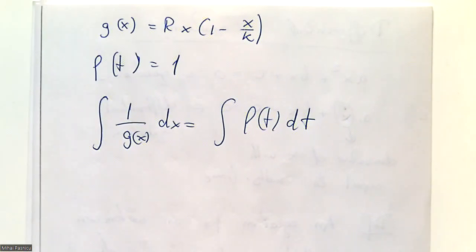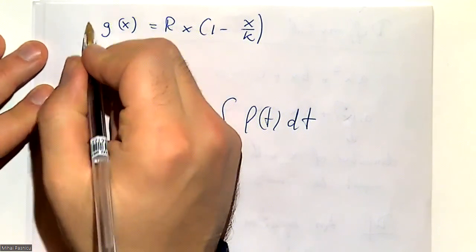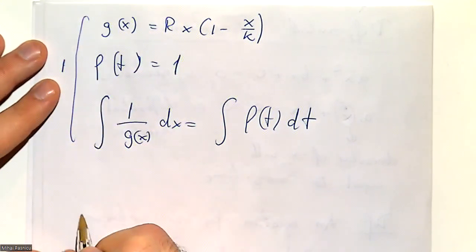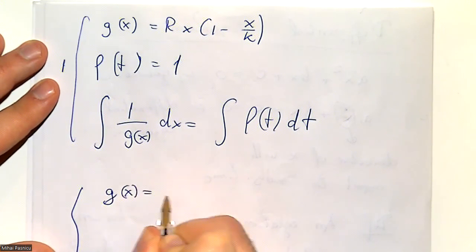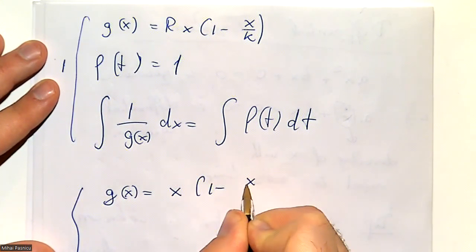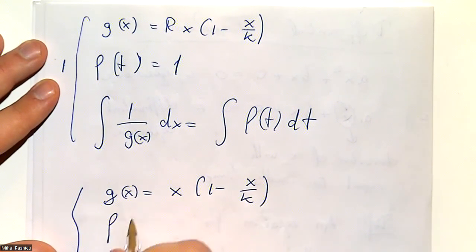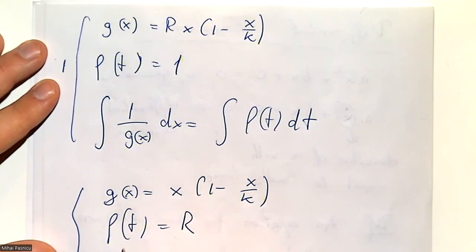Okay, and just so you're convinced that constants do not matter when you're splitting the two functions, it doesn't matter where you put the constant, on the t part or the other part. Let's say I identified this way, which is my first case, and let's say my colleague identified it this way: g of x equals 1 over x (1 minus x over k), and f of t equals r.